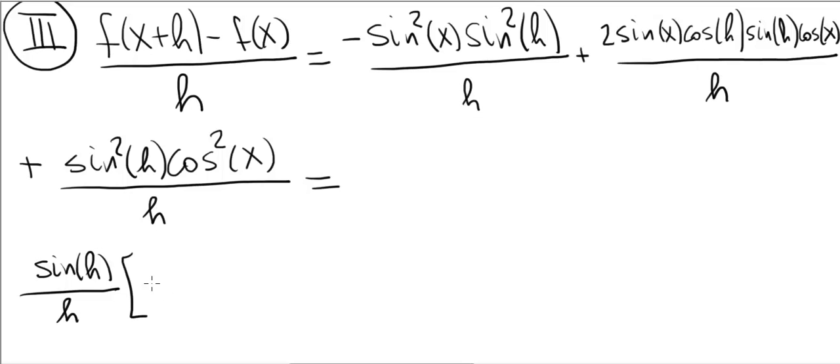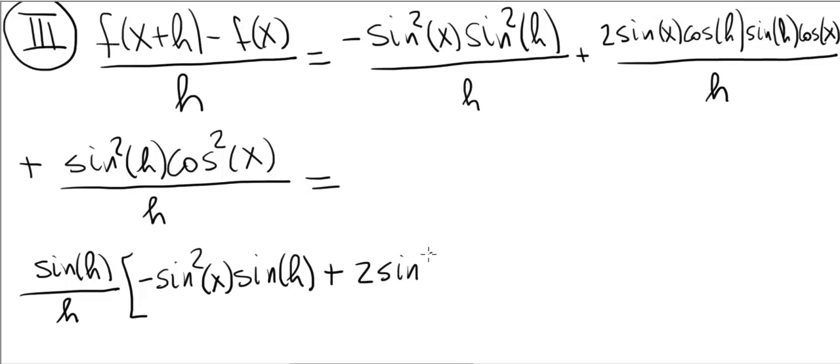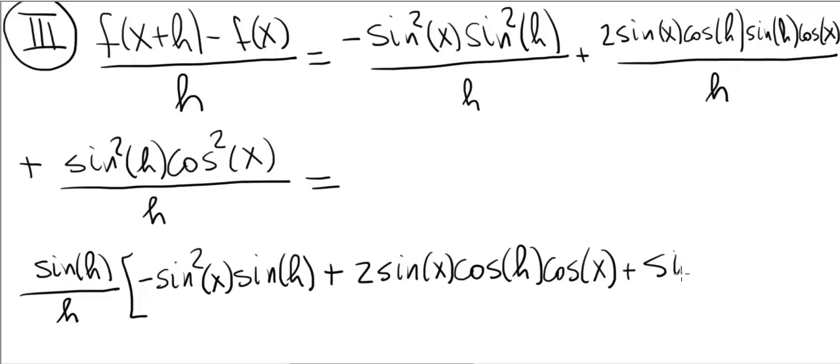In the first term, we get minus sine squared of x times sine of h. In the second term, we get twice sine of x times cosine of h times cosine of x. And in the third term, we get sine of h times cosine squared of x.